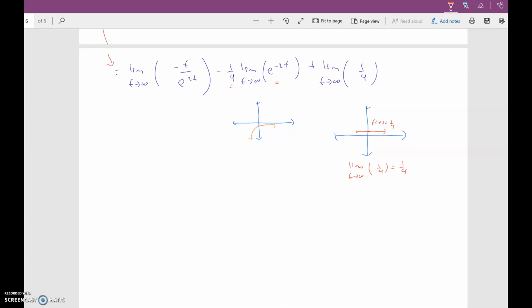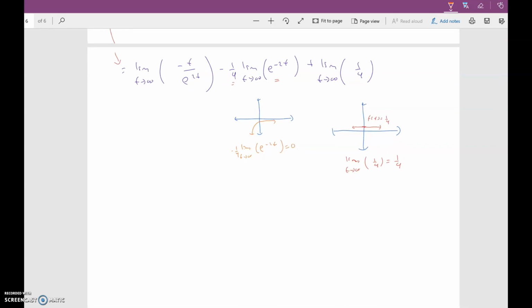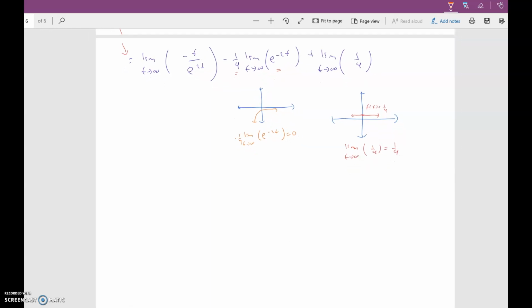So in this case, the actual limit as t approaches infinity of e to the negative 2t times negative 1/4 is equal to 0 for this one. And I'm using in the sketch the actual factor of the negative, which is what puts it at the bottom. If you were to ignore it, it's still going to come in this direction.